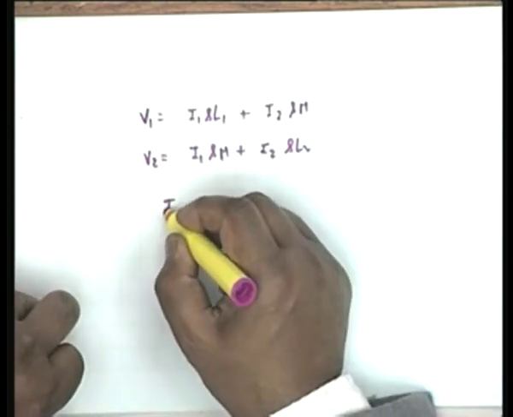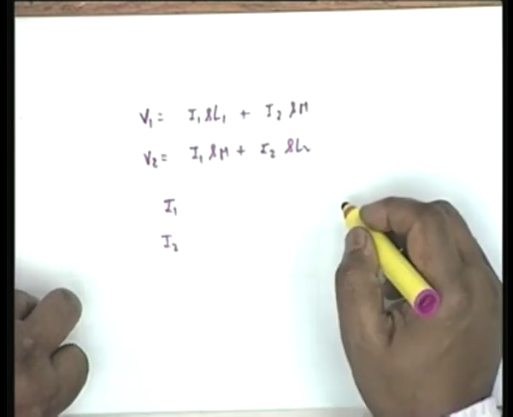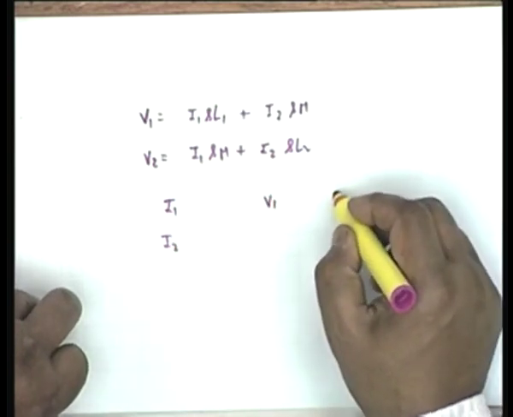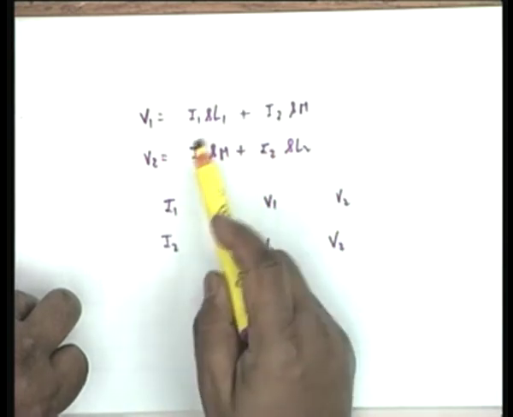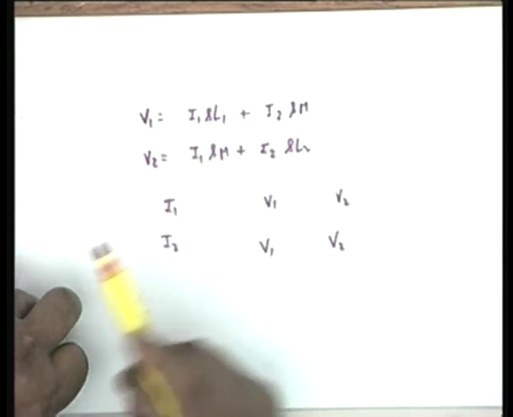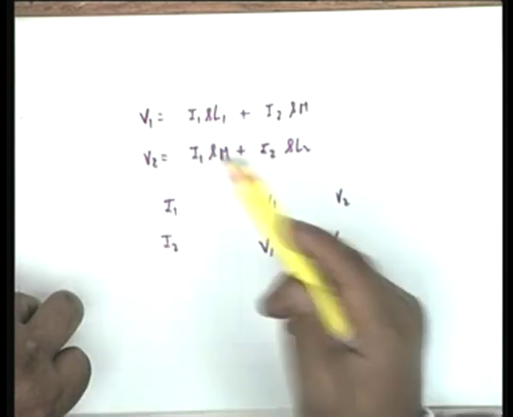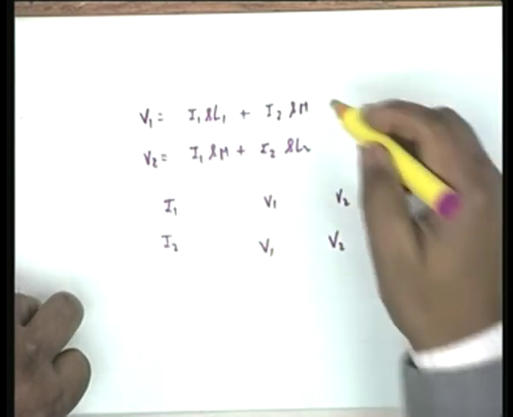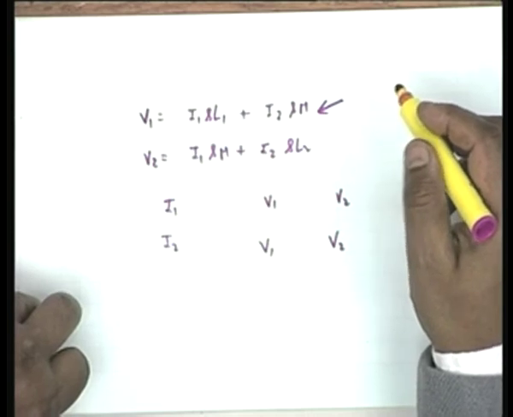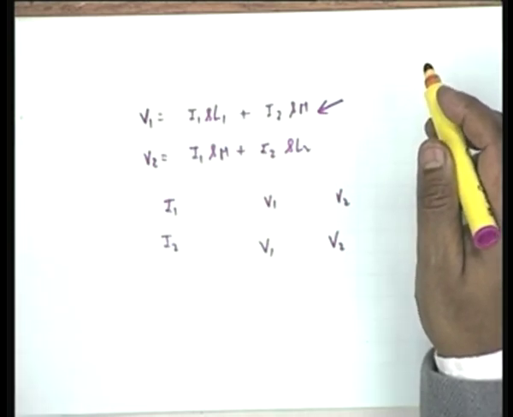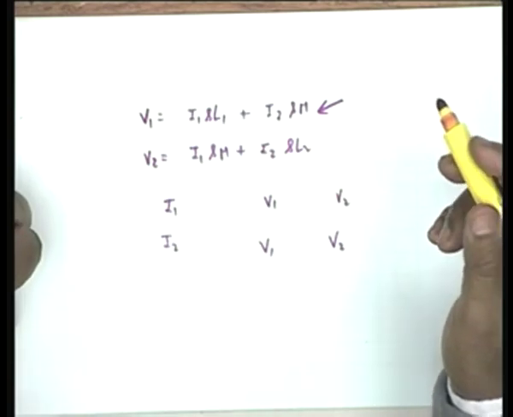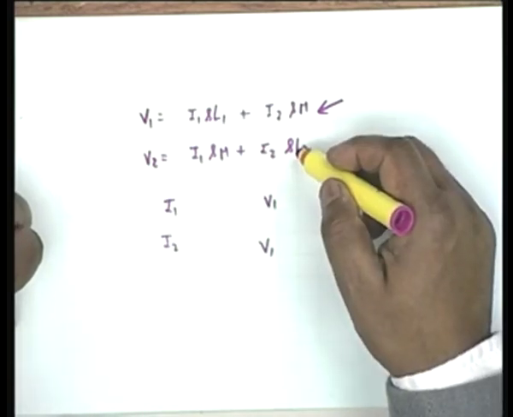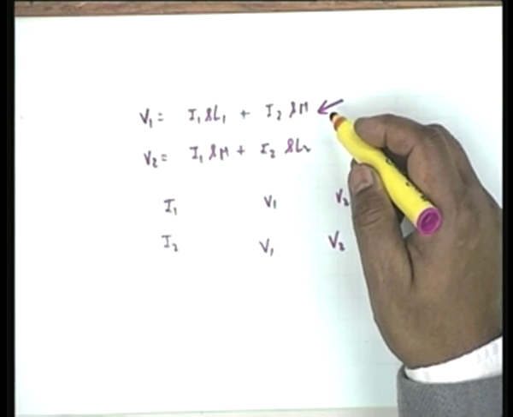It means that you express I1 and I2 in terms of V1 and V2. So what you do is find I1 from one of the equations in terms of I2 and V1 and substitute in the other equation. That should be simple enough. This is one way.